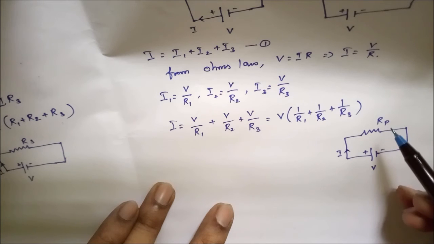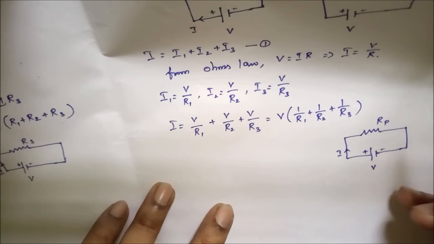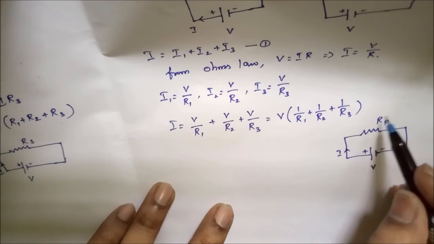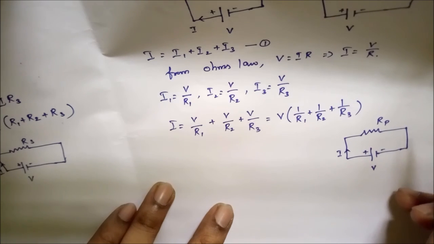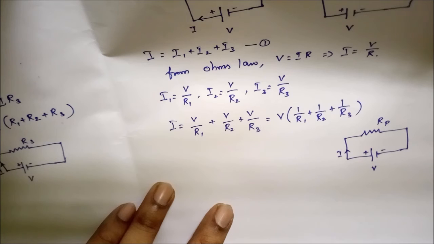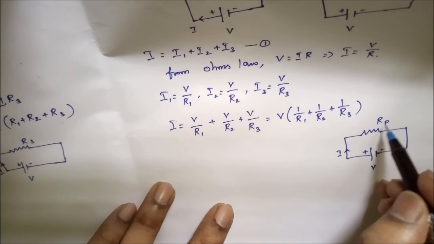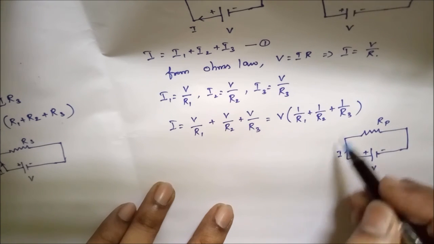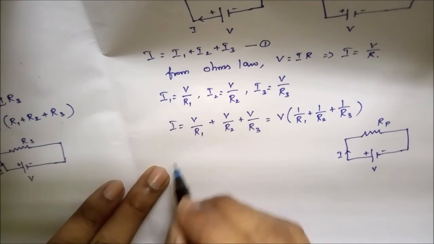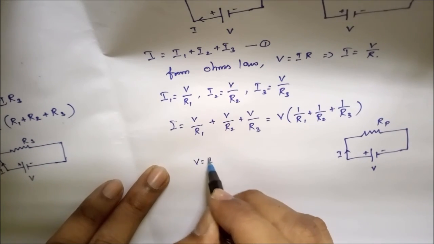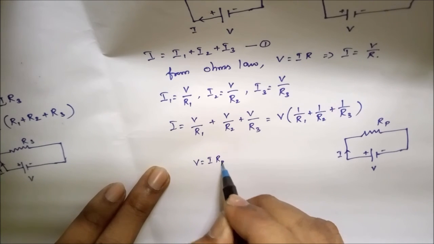Now we have to replace R1, R2, R3 with RP. So here RP is the equivalent value we are introducing. With respect to this diagram, we have to apply Ohm's law. So by applying Ohm's law, V is equal to I into RP.